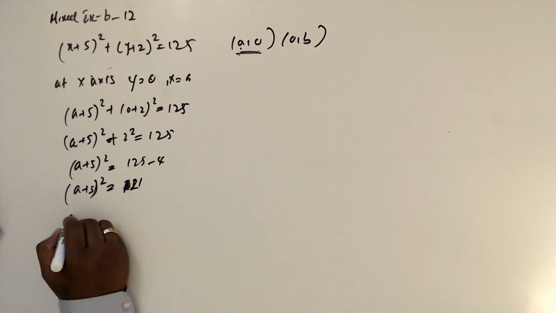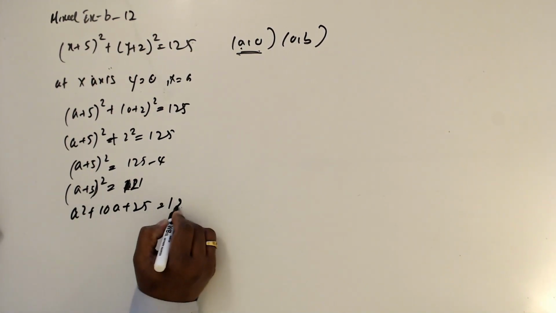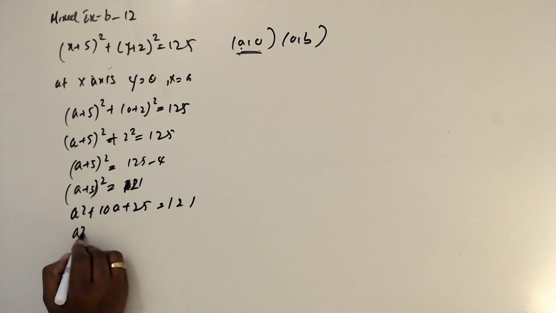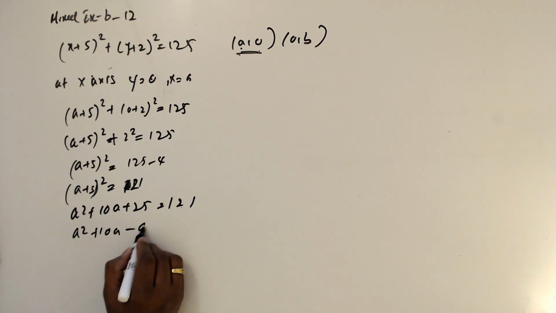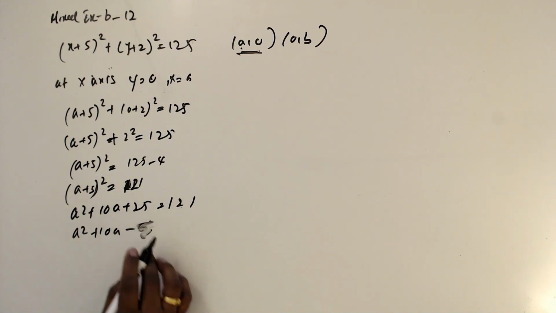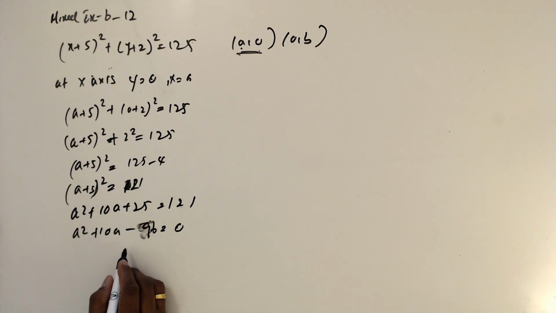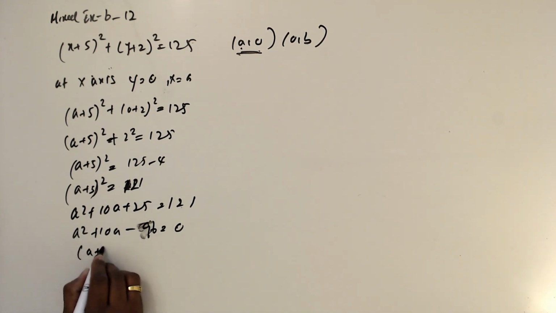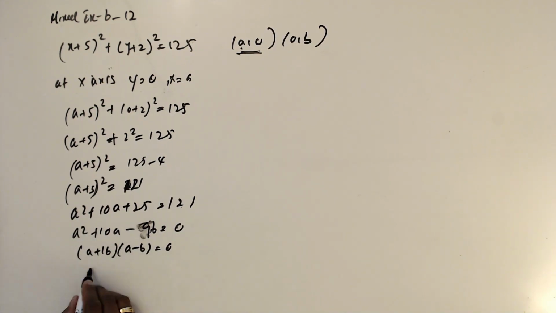So then I thought about expanding. So this is a² + 10a + 25 = 121. So a² + 10a − 96 = 0. This factorises as (a + 16)(a − 6) = 0. A equals −16 or a equals 6.